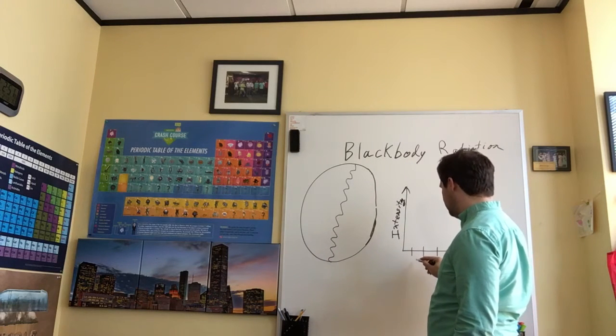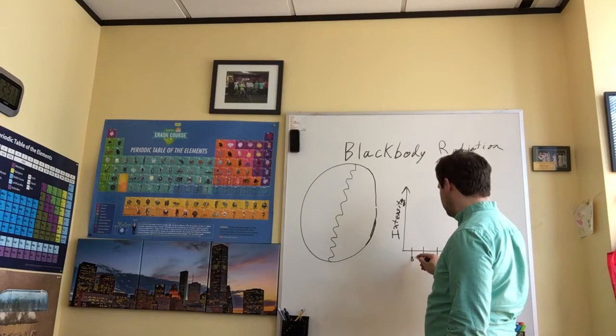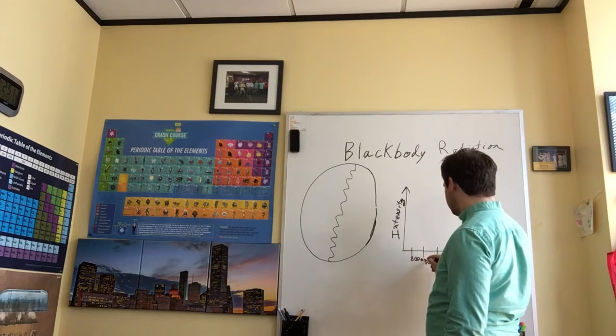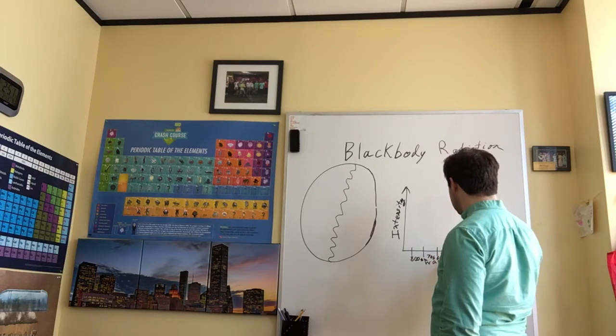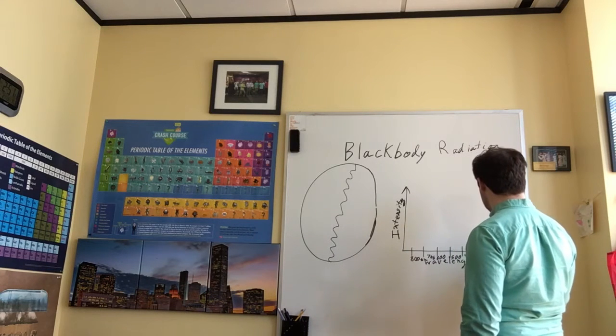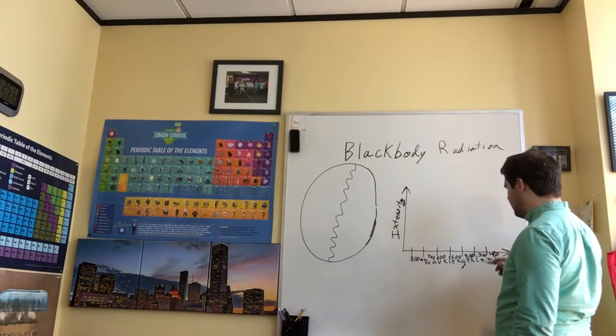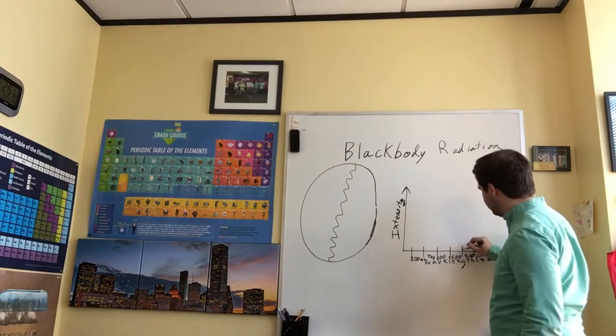And so once you hit about 400 nanometers here, you enter into the ultraviolet region.